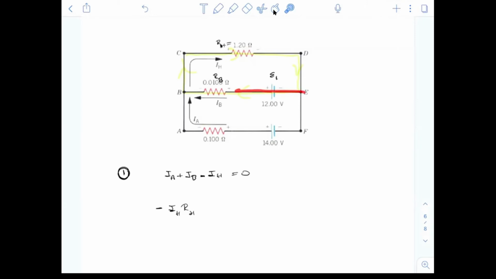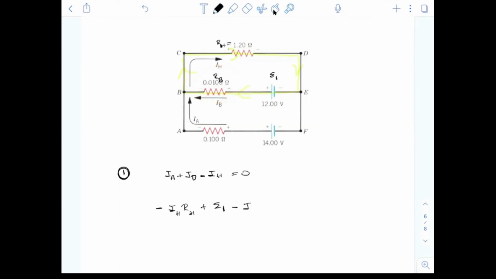In the direction of the loop, notice that you jump from a low voltage to the higher voltage, so there's going to be a voltage gain across the battery, so it's positive. In this segment, we use a different current value. This is the current from the battery, and it's moving along the same direction as the loop, so there's going to be a voltage drop there.